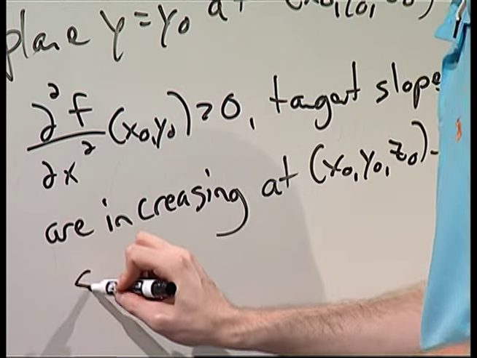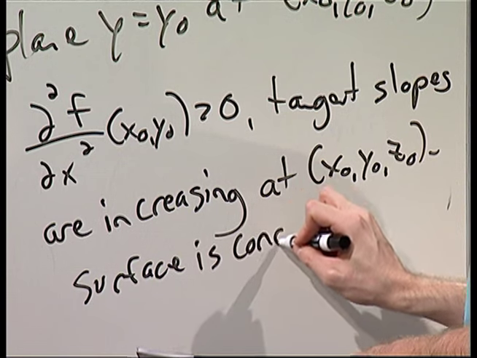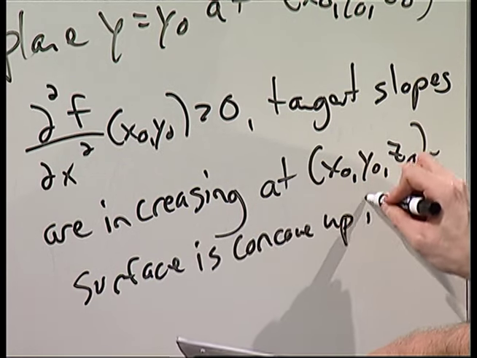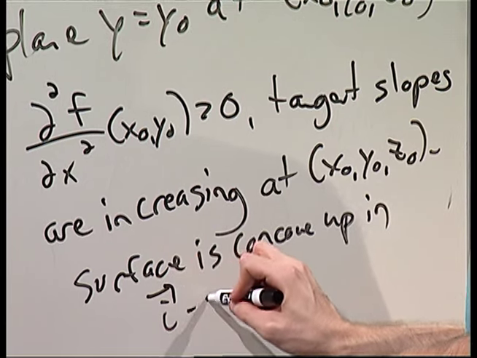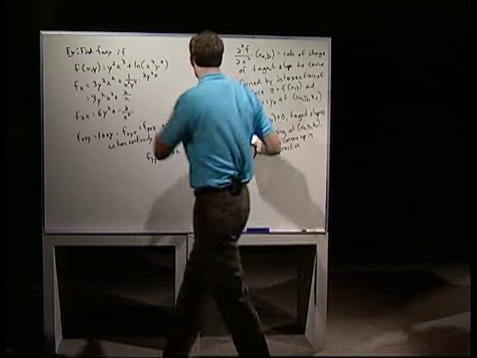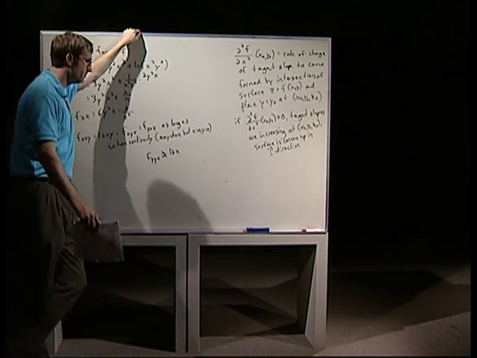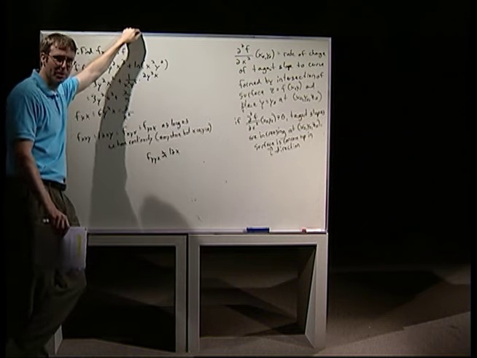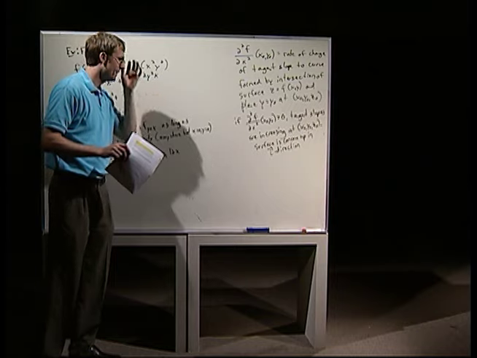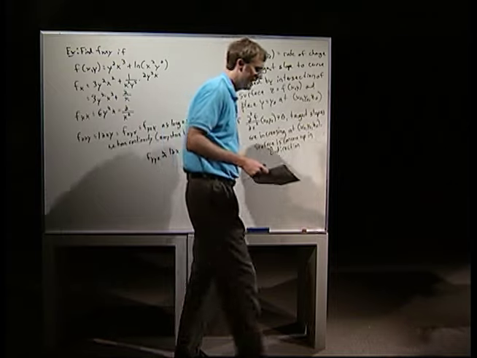This implies that the surface is concave up, at least in the i direction. In other words, if your f sub xx is bigger than 0, your tangent slopes are increasing, and at that point the surface is concave up in the i direction, the direction of x.